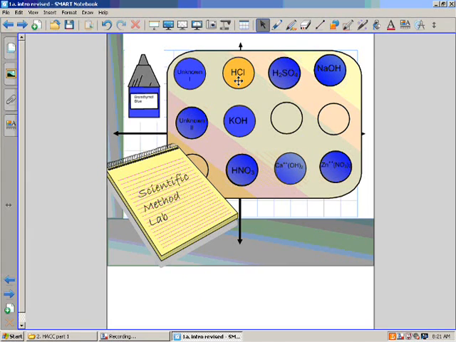So if I put this indicator solution, bromothymol blue, into hydrochloric acid, it turns yellow. Now I'm going to experiment with putting that indicator into H2SO4, and it turns yellow. If I put the indicator into NaOH, it stays blue. If I put it into KOH, it stays blue.